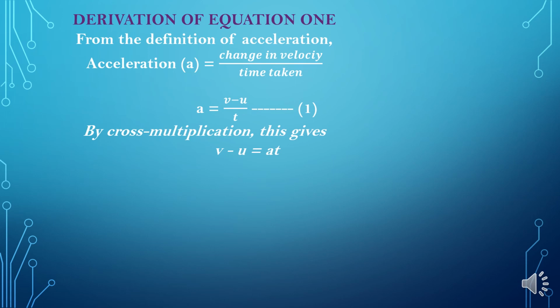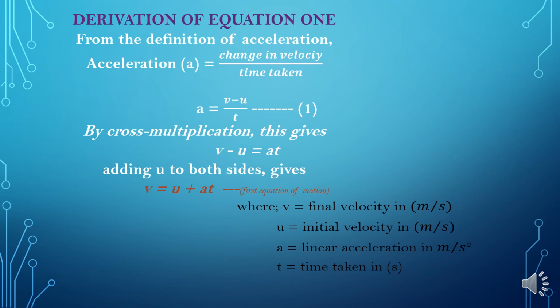By cross multiplying, you have v minus u equals at. Adding u to both sides gives us v equals u plus at, and that is the first equation of motion.